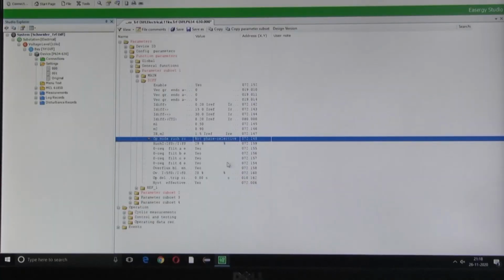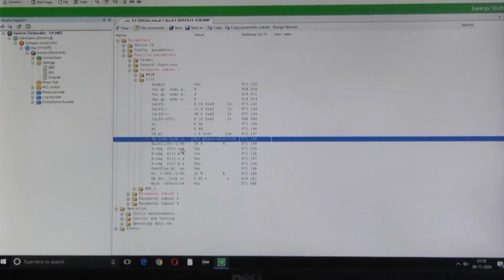To overcome this problem, because this is not a fault situation, the second harmonic restraint available in this relay has to be set. Typically we can have this setting at 17% or so, depending upon our convenience. Now we will demonstrate with the second harmonic restraint setting.